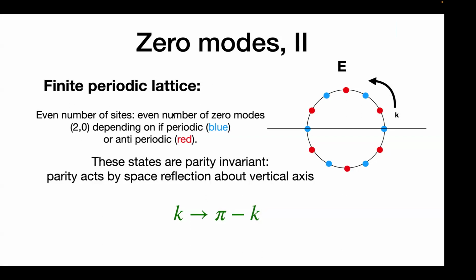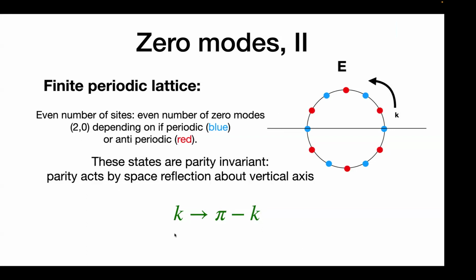So the point is that if you're in an even lattice, you get two possible boundary conditions, periodic and anti-periodic, that are compatible with the system. If you pick either of these two, you get a ground state which is parity symmetric, no matter which of the two choices you make.